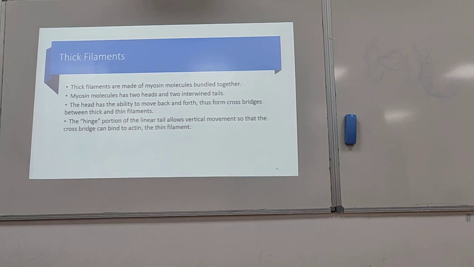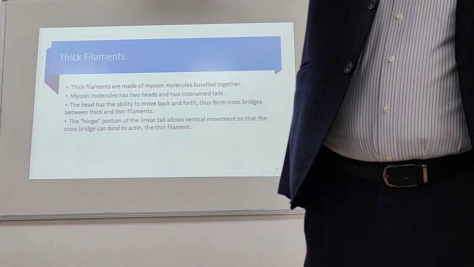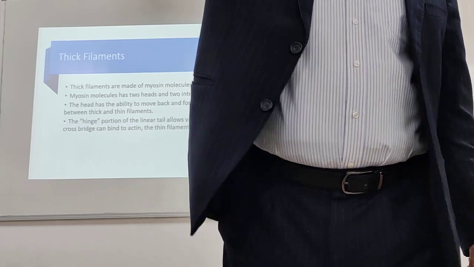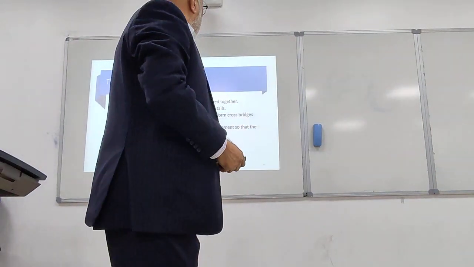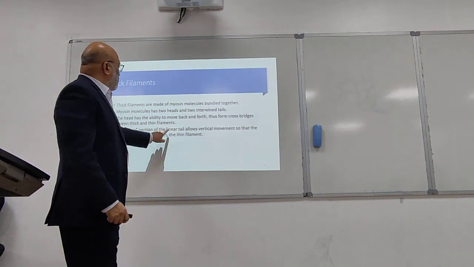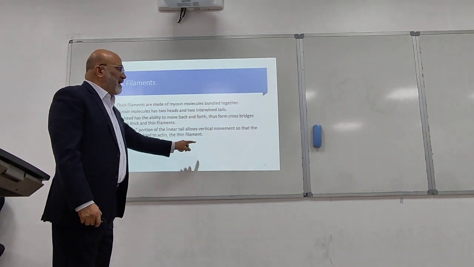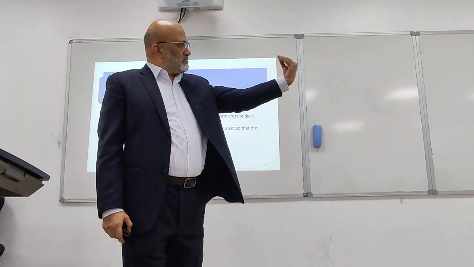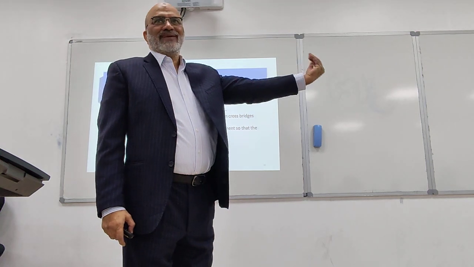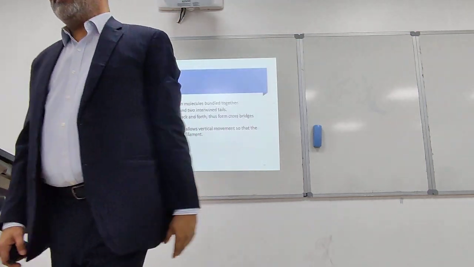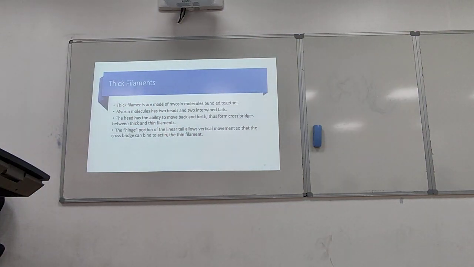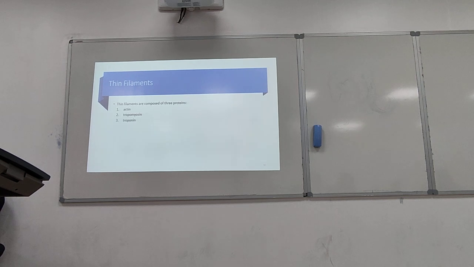Physical therapy. This is my hinge joint. It cannot move like this one. So the hinge portion of the myosin tail allows vertical movement so that the cross bridge can bind. Hinge. You understand? Hinge. Exactly this one.